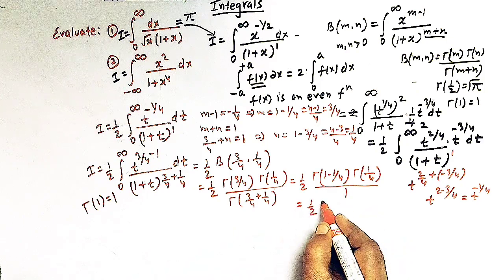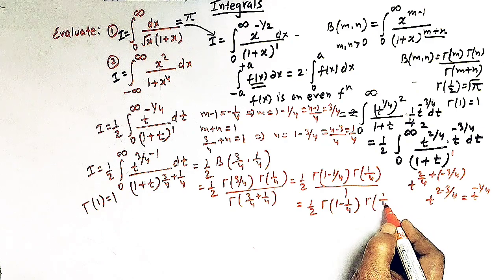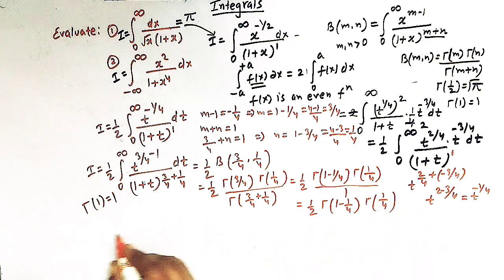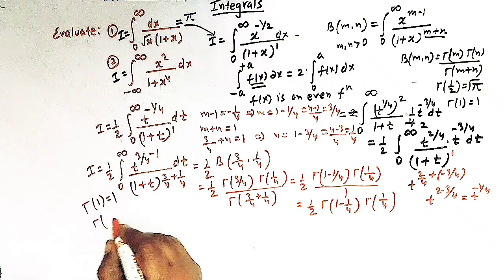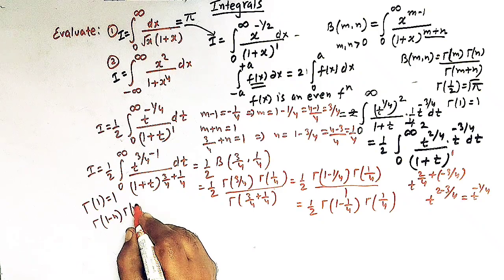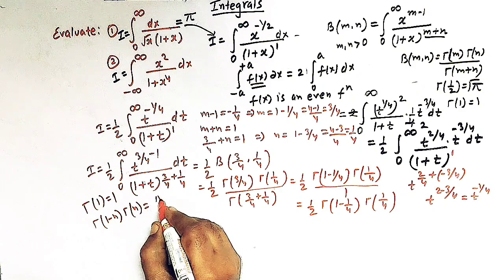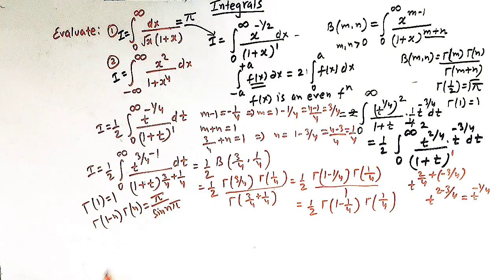So we have half gamma 1 minus 1 over 4, gamma 1 over 4. And now Euler's reflection formula says that gamma 1 minus n times gamma n is given by pi over sine n pi, right?